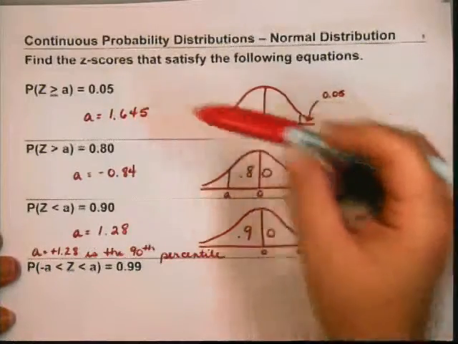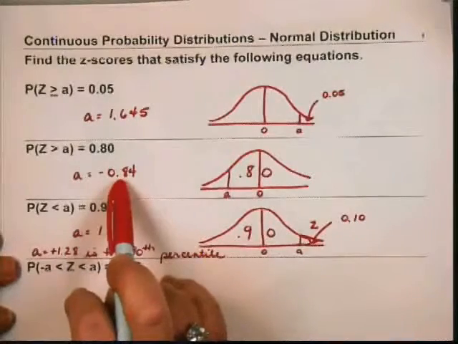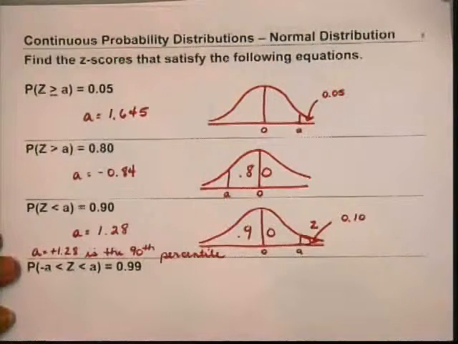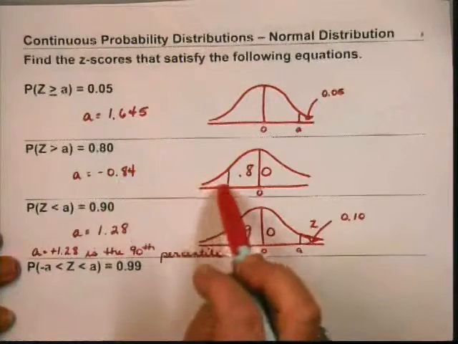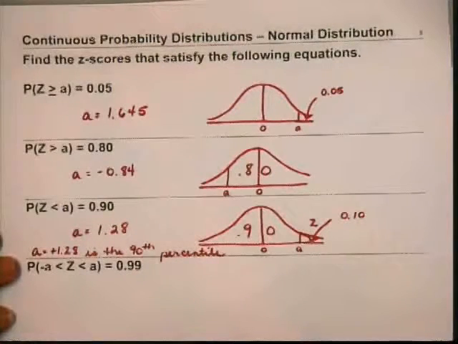Okay. And this one, A equals negative 0.84. So percentile, remember, has to be cumulative probability or left-hand area. So here, negative 0.84 is the 20th percentile of the standard normal distribution. You agree?